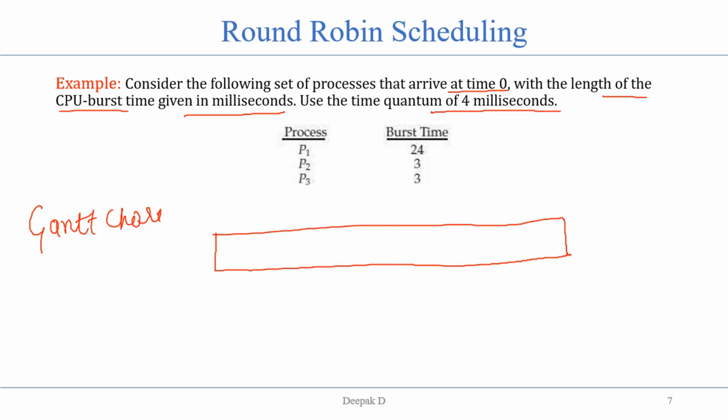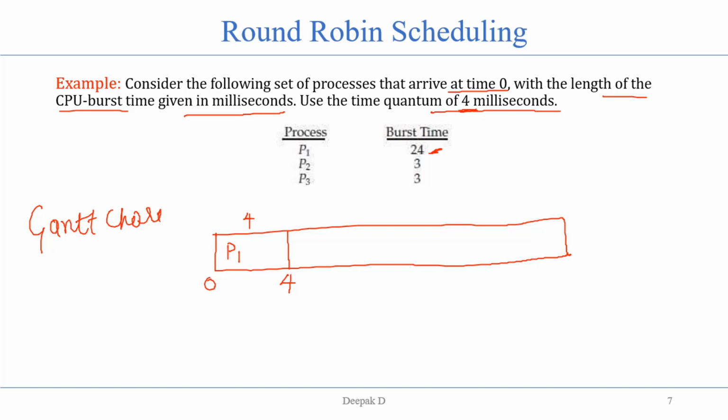The first process taken is P1. As you know, all the processes are in the ready queue, waiting for their turn. So P1 is picked first and it is executed for 4 milliseconds because its burst time is greater than the time quantum. So it is executed for 4 milliseconds, and this is 4 here.